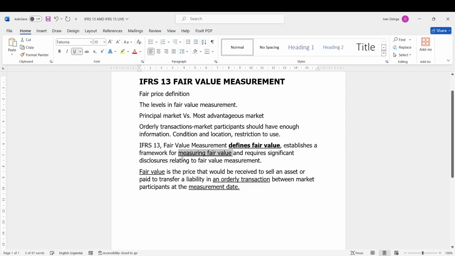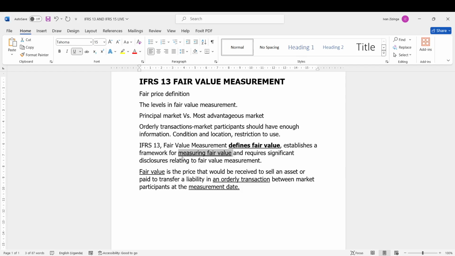You forgot that fair value is never entity specific, but rather depends on the market when it comes to non-monetary assets. That is very important. In fact, under this framework for measurement, is where we talk about the levels. The level 1, the level 2, and level 3. As well as also guiding us on the disclosures that we should make in regards to the transactions that involve measurement of fair value.